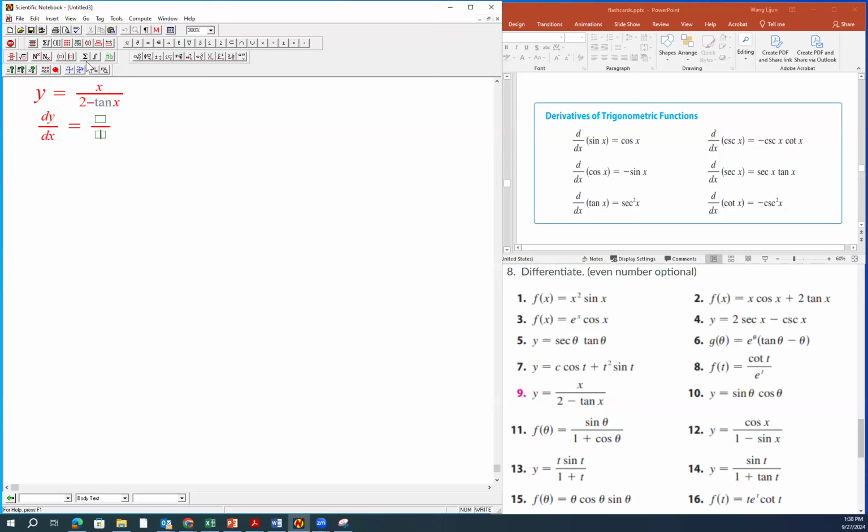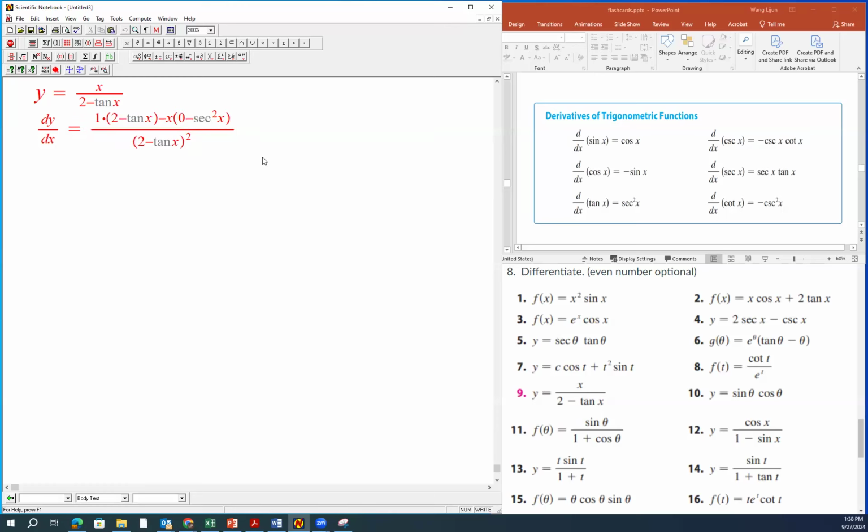The denominator being squared, then differentiating the numerator, which is 1, multiply denominator. Subtracting, we keep the numerator and differentiate 2 minus tangent x. The derivative of 2 is 0. The derivative of tangent is secant squared. You can omit the 0 if you want.